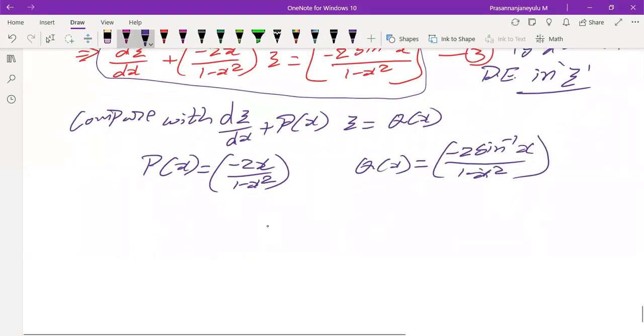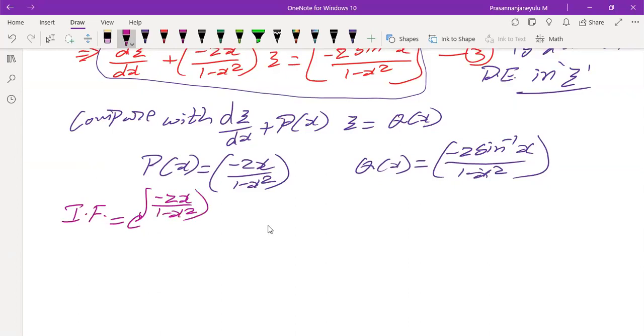So now, finding the integrating factor. Integrating factor is e power integral of p of x, which is minus 2x by 1 minus x square, into dx. Anybody can say the value of this integration? If you observe, it looks like log of 1 minus x square. Why?